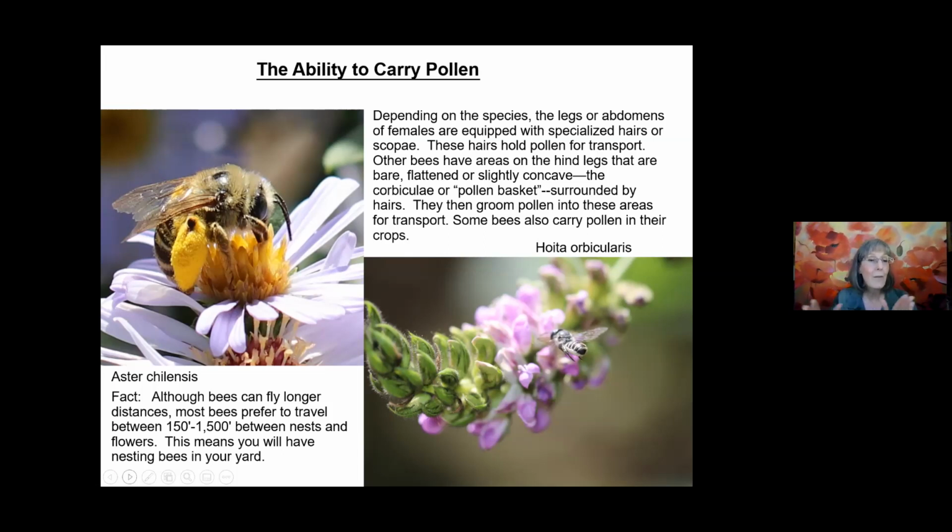A species will spend more time collecting food and taking it to their nests, and actually will collect more over time if they're close to the source of food. So the main distance is between 150 and 1,500 feet between nest and food. In my own backyard, I have bees literally nesting 10 feet away from the food, but I have a very small yard. So it's very buggy back there.